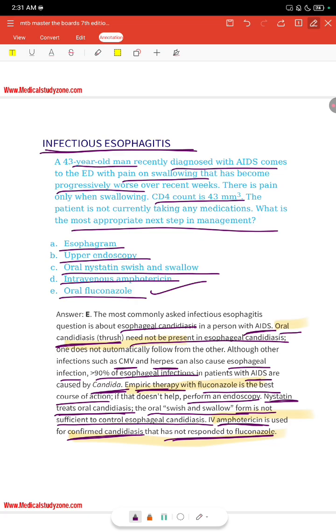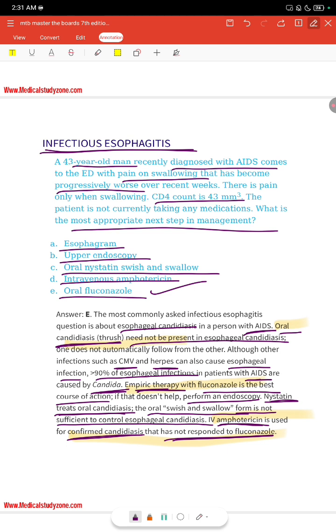So the thing is that the patient is not having any oral candidiasis. It is important to note that oral candidiasis need not be present in esophageal candidiasis. One does not automatically follow from the other.